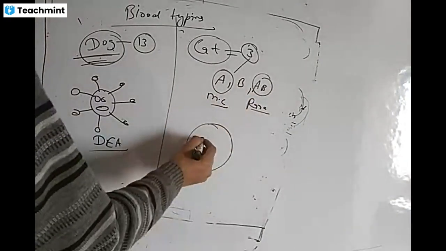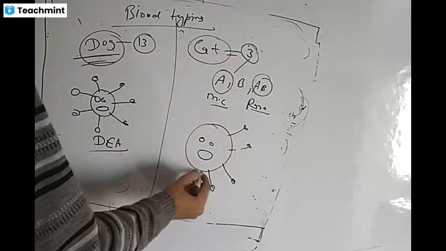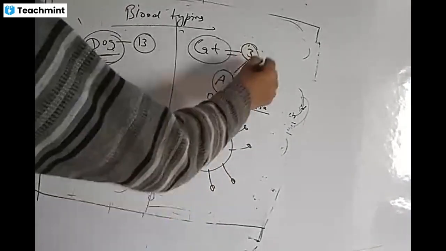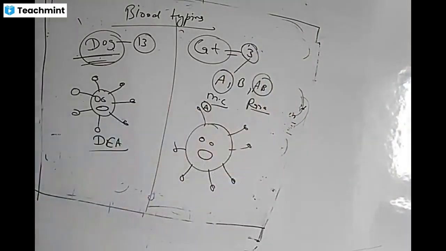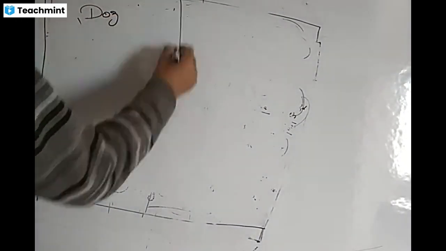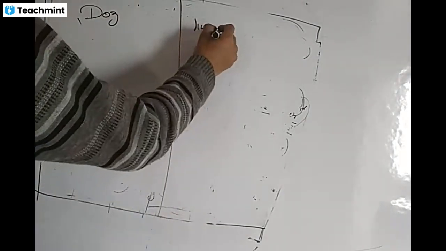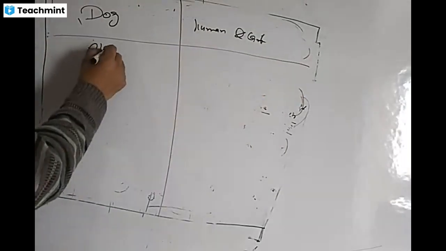The RBCs of cats also have antigens. The A blood group has A antigen, B has B antigen, and AB has AB antigen. So these antigens are normally present on the surface of the RBC. But the difference between dog, cat and human is in plasma.